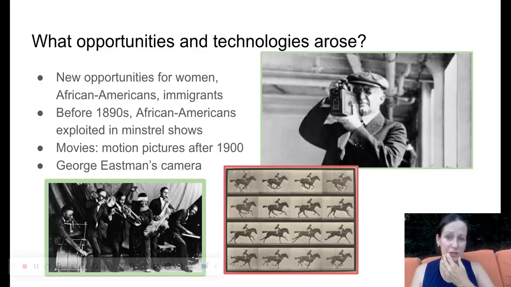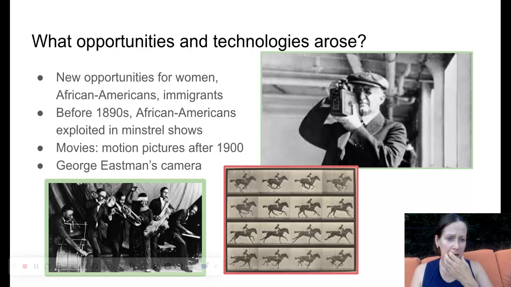Some African Americans were exploited for minstrel shows. Some of these vaudeville shows really played up stereotypes, ones that would make us very uncomfortable and not be happy about today if we saw them. So sometimes there were positive opportunities associated with them, and sometimes they were negative experiences.